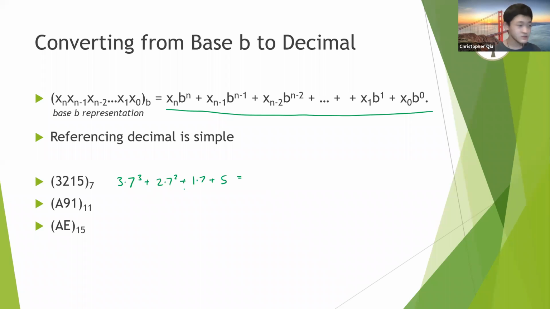And this is equal to 3 times 343 plus 2 times 49 plus 7 plus 5. And we can calculate each of these. This is 1029, this is 98, and these are 7 and 5. And we can add these up and we'll get 1139 as a result.